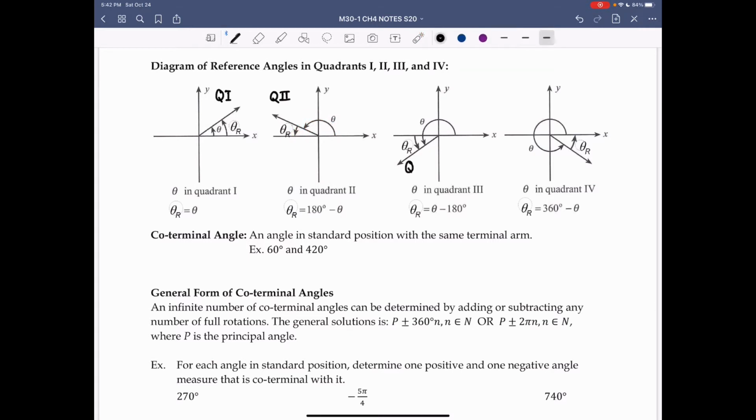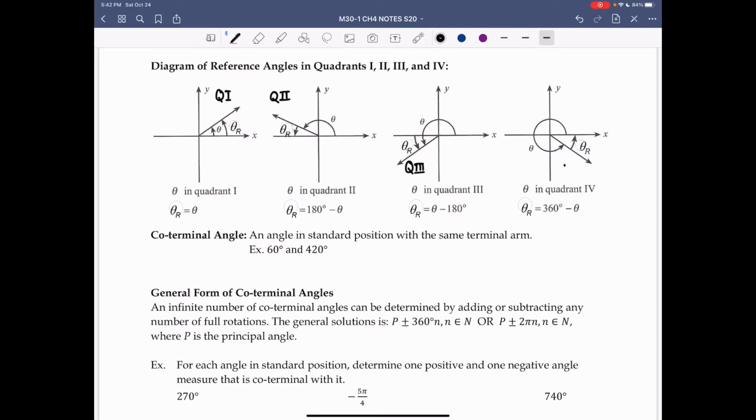This one is in quadrant 3. To calculate the reference angle in quadrant 3, we take the angle theta, the principal angle, and we subtract 180, the angle of the first two quadrants. Then we're left with theta r.